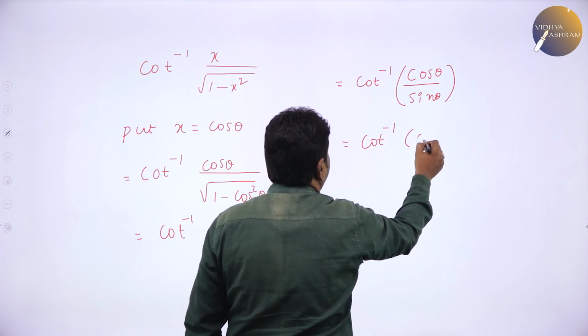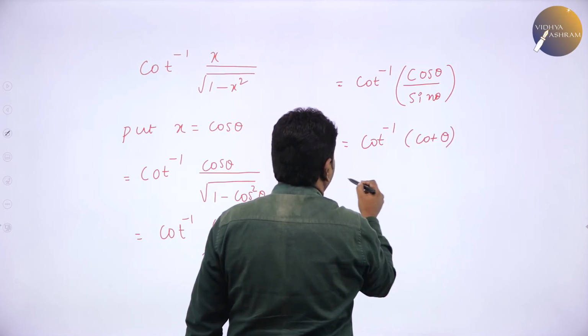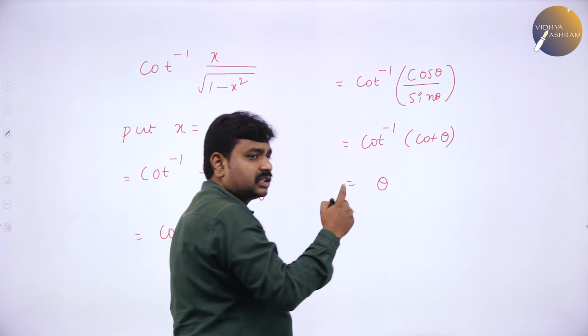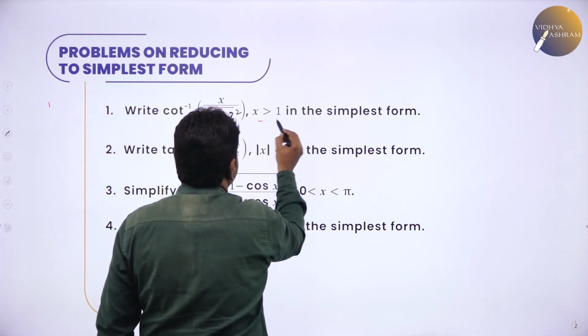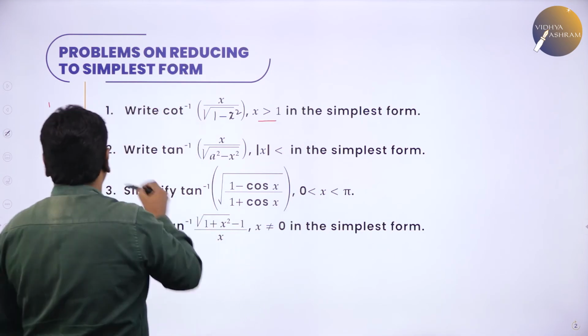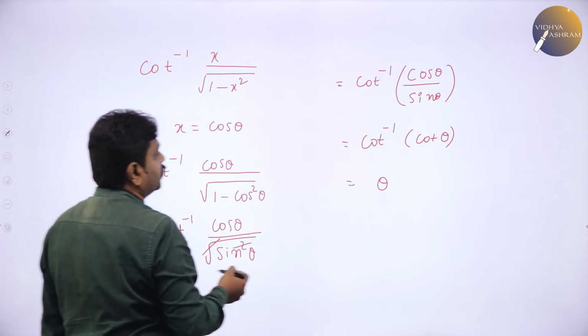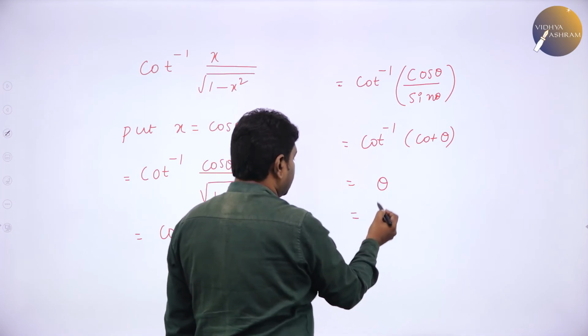Cot inverse of cot theta becomes theta, because in the problem they gave x is greater than 1. So we can take cot inverse of cot theta as theta.